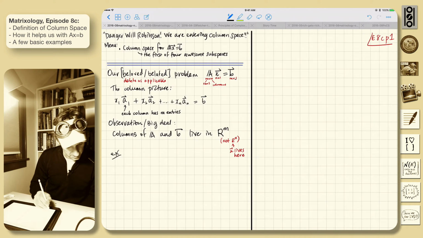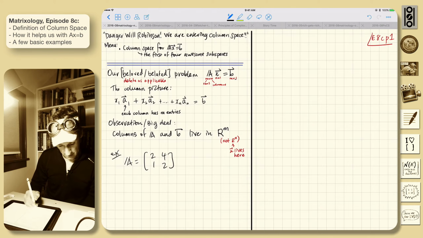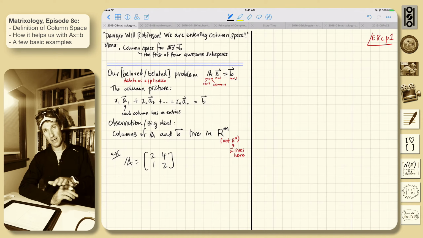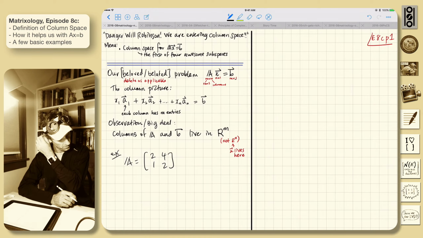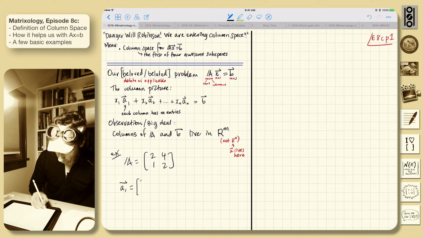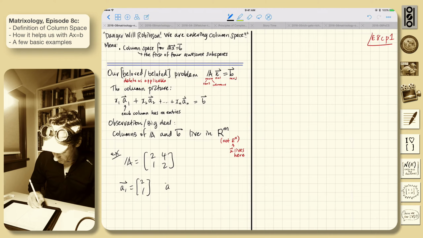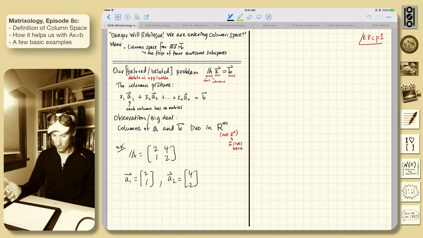So an example might be A equals [2, 1; 4, 2], right? We're just going to think about A to start with. So you can see clearly, right? So the columns are multiples of each other. Rows are too, which will make a bigger and bigger deal as we go along. a1 equals (2, 1). a2 equals (4, 2). All right, so let's draw that.